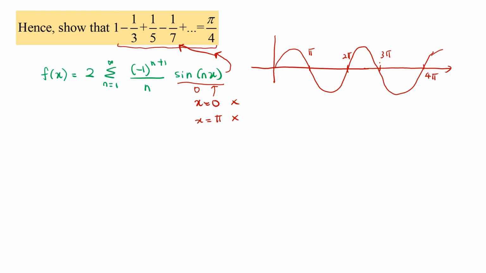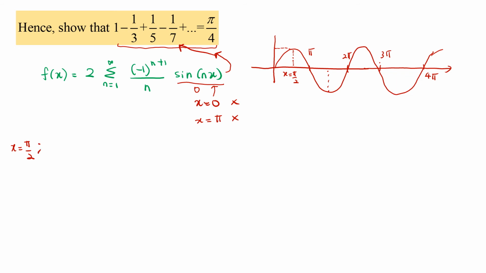To get the value of sine, you have to choose x equals pi over 2, so that the value of sine will be equal to 1, and then we can get negative 1 for a certain n. Okay, so now let us try x equals pi over 2.